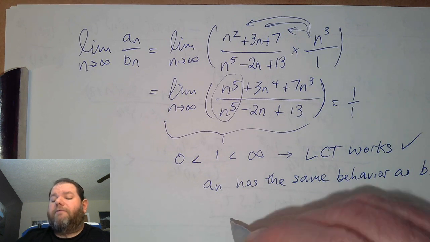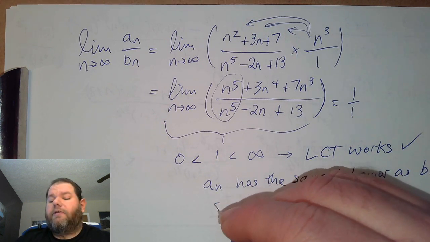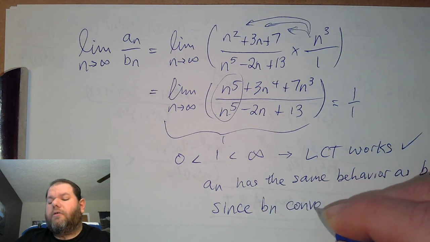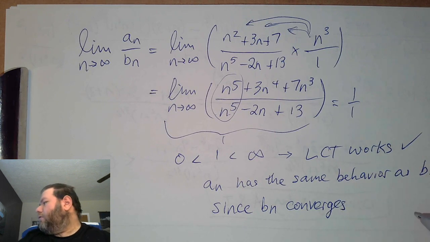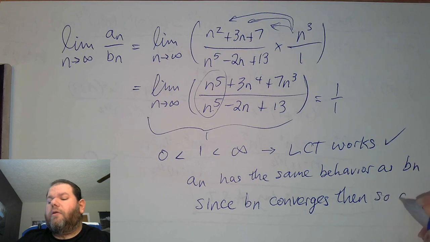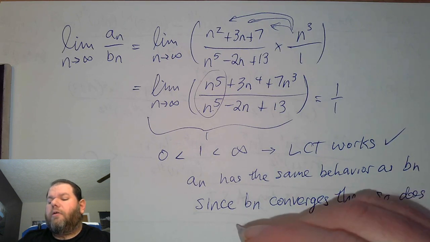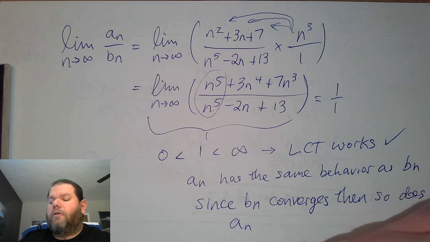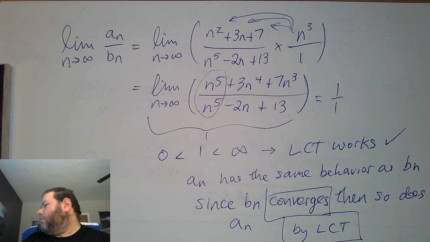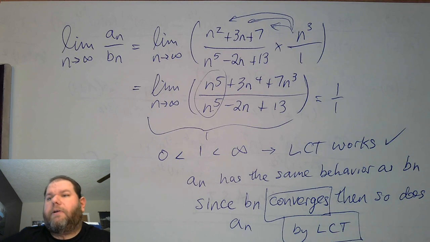So since b sub n converges, then so does a sub n. Okay, and that is by the limit comparison test.